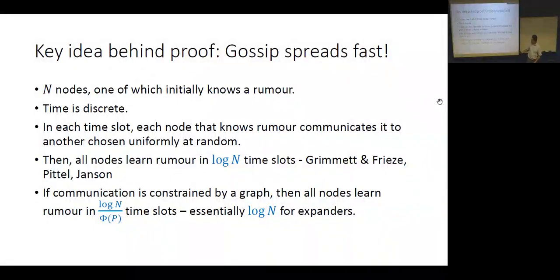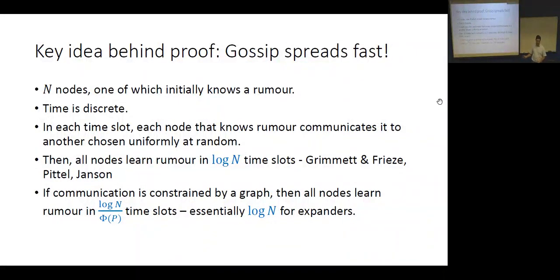And this was analyzed way back, I think in the 70s or 80s, by Grimmett and Frieze, who showed that there's a constant times log n. I think it's some constant, but they all learn it in some small multiple of log n. And then Pittel gave tighter bounds on the time.